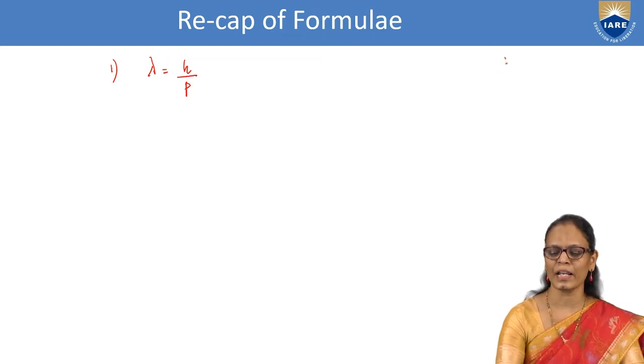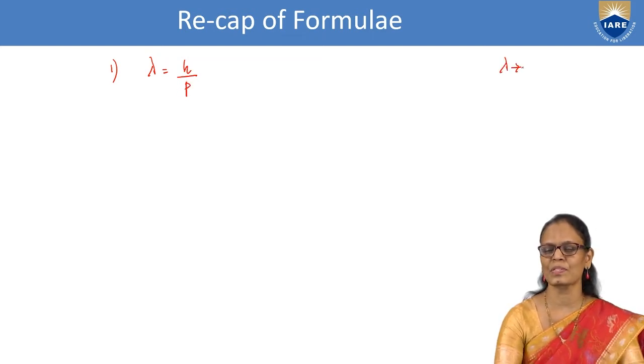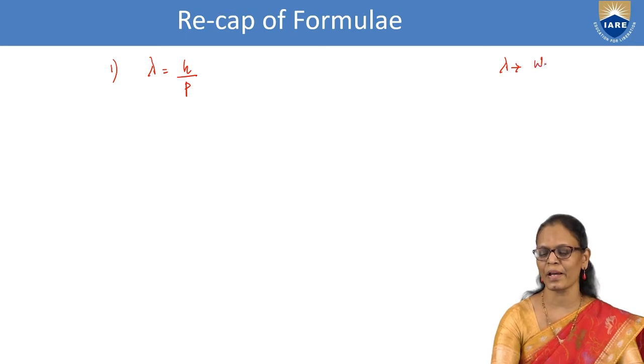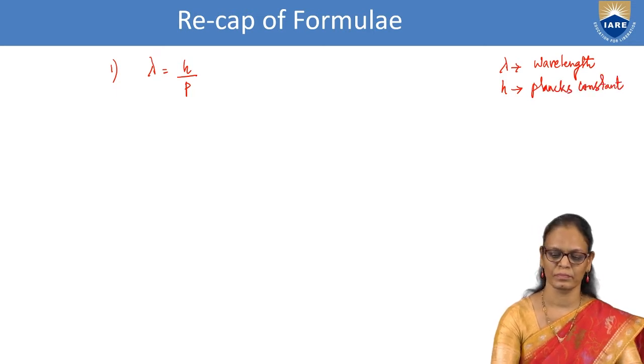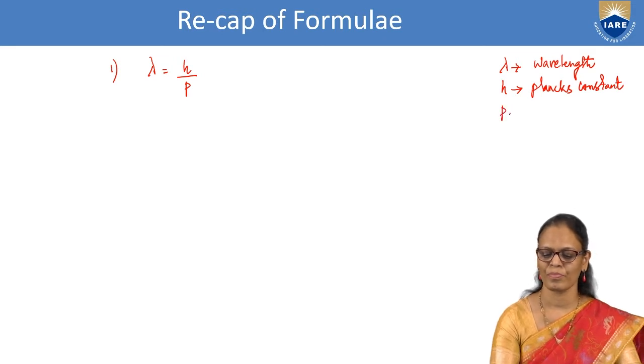I'll write the constants because we will be using them again and again. Lambda is the wavelength, the de Broglie wavelength. h is the Planck's constant. p is the momentum.